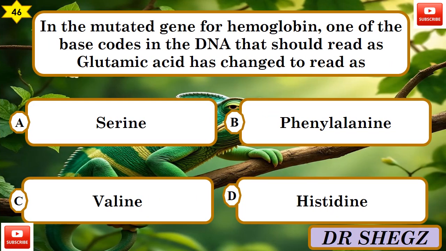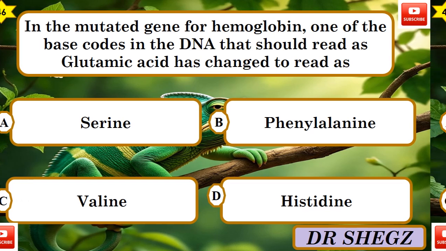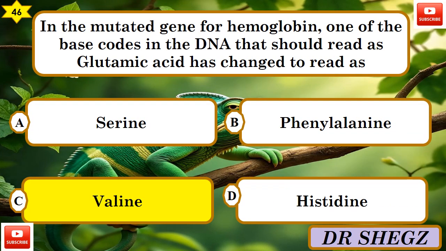In the mutated gene for hemoglobin, one of the base codes in the DNA that should read as glutamic acid has changed to read as valine. Remember, a mutation is a change in the DNA structure.